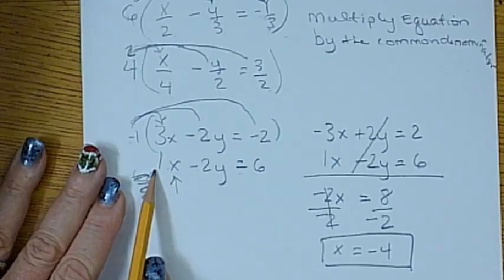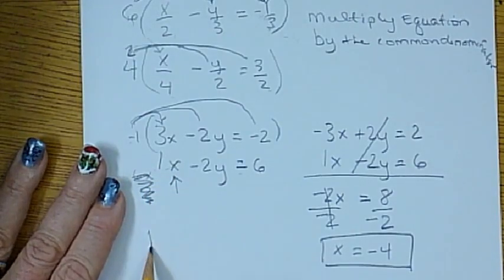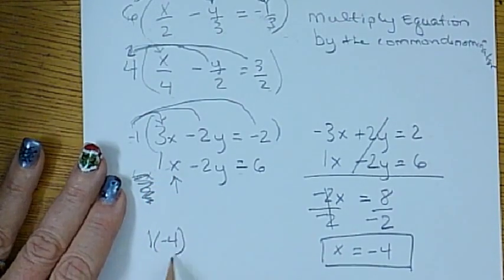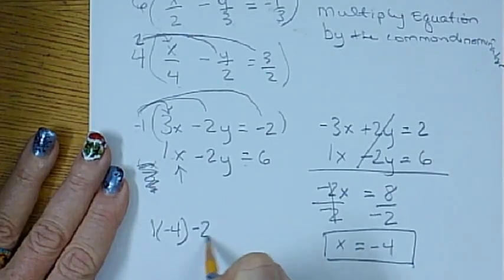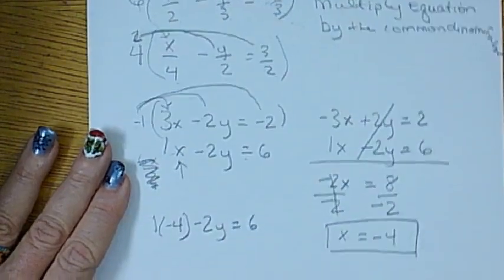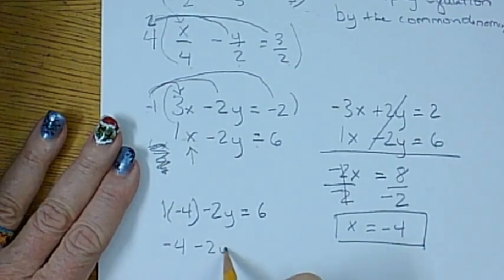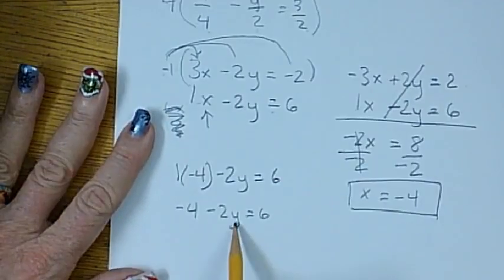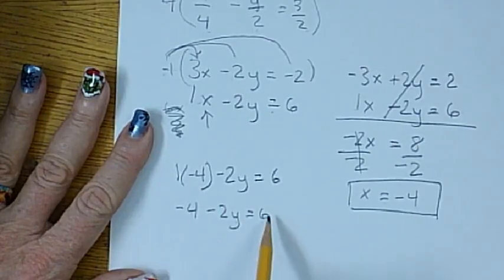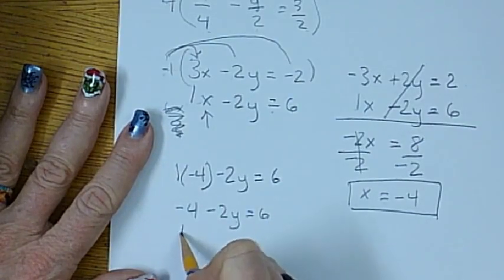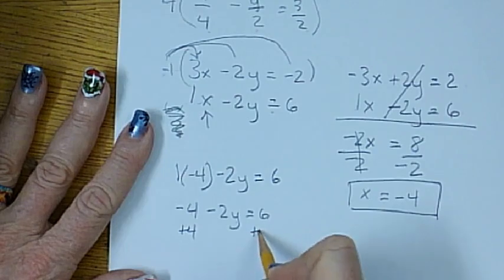Okay, so it's 1 times x. Okay, so 1 times a -4 minus 2y equals 6. So 1 times a -4 would give me a -4. Okay, so to solve for y, I'm going to move this over to the other side. So the opposite of subtract 4 would be to add 4.